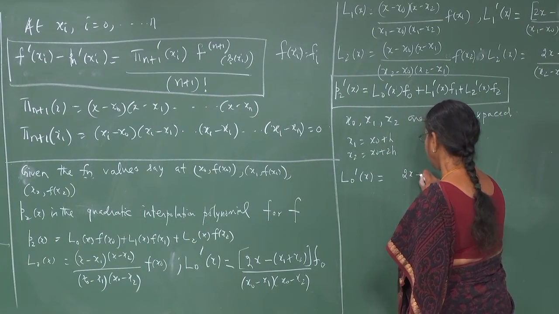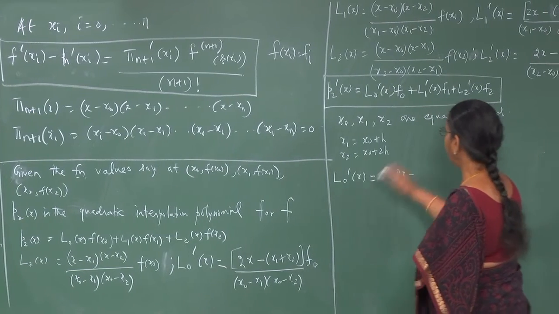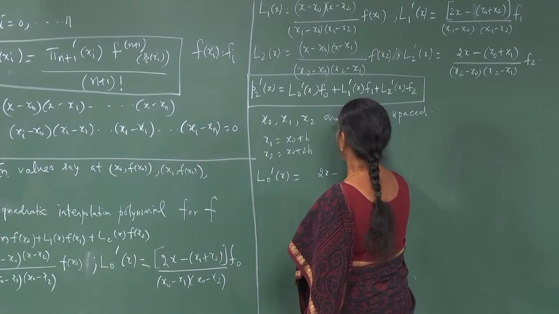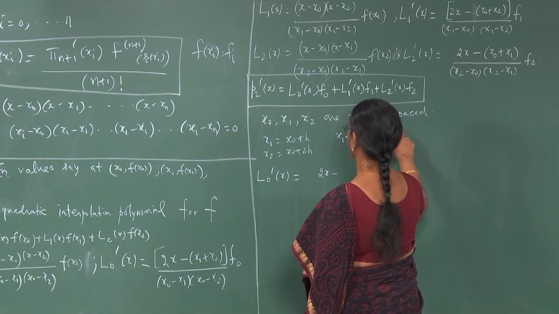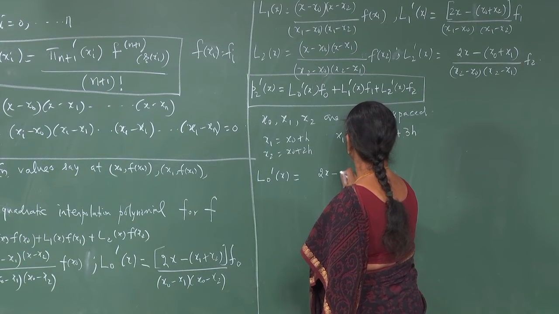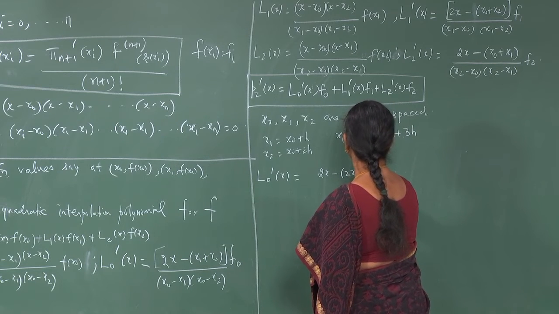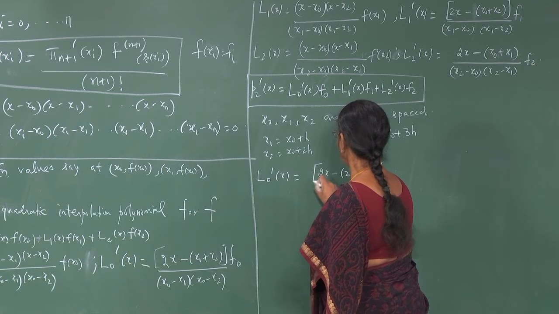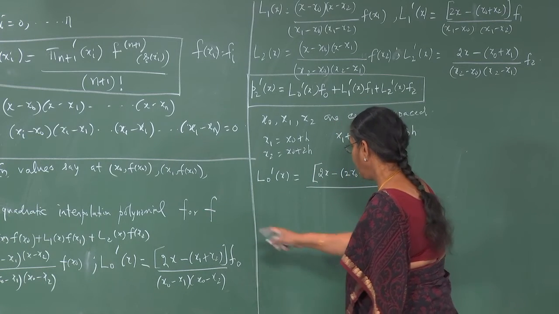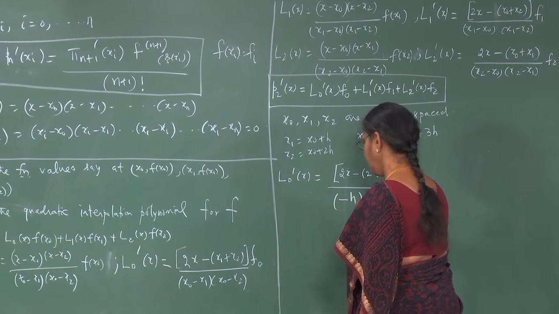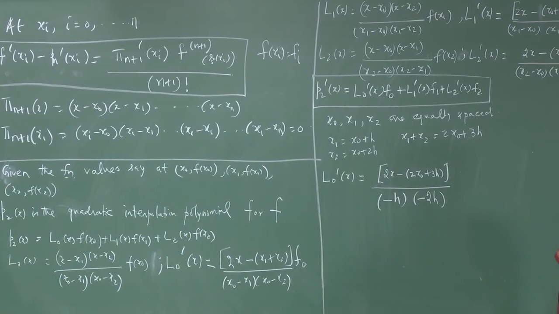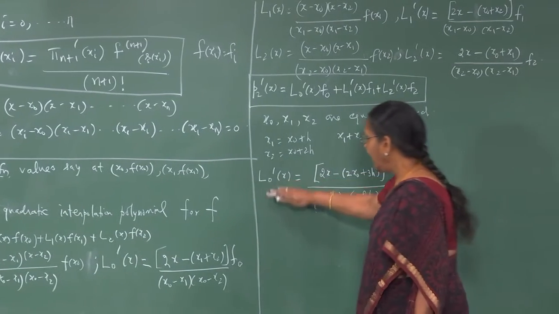It is 2x minus (x1 plus x2), and x1 plus x2 will be equal to 2x0 plus 3h. So, L0 dashed of x will be (2x minus (2x0 plus 3h)) divided by (x0 minus x1), which is minus h, into (x0 minus x2), which is minus 2h.